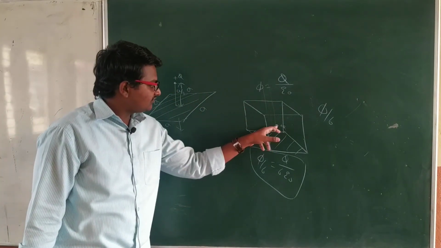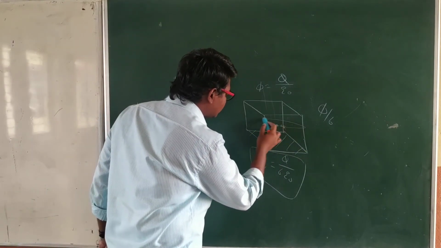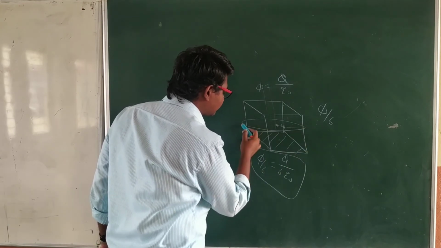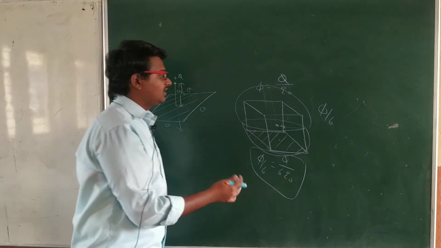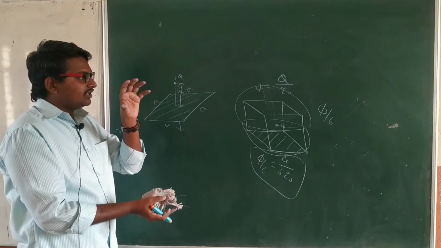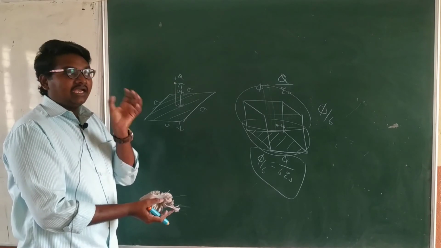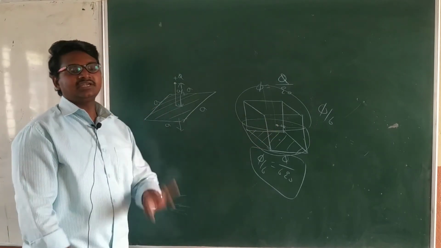Here, if you consider from this position, that circular surface area will be constructed in this manner. It means if you consider a sphere, in that you have to imagine a cube, and in that cube another small point charge we are keeping.